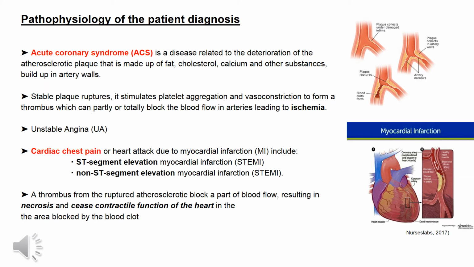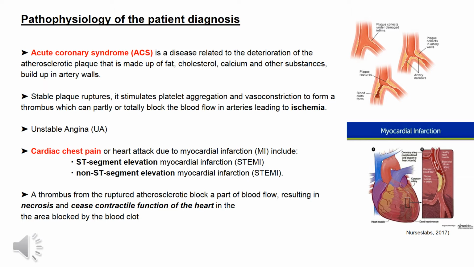On the other hand, cardiac chest pain in ACS is due to MI, which includes ST segment elevation myocardial infarction and non-ST segment elevation myocardial infarction. MI causes irreversible damage to the myocardial tissue.